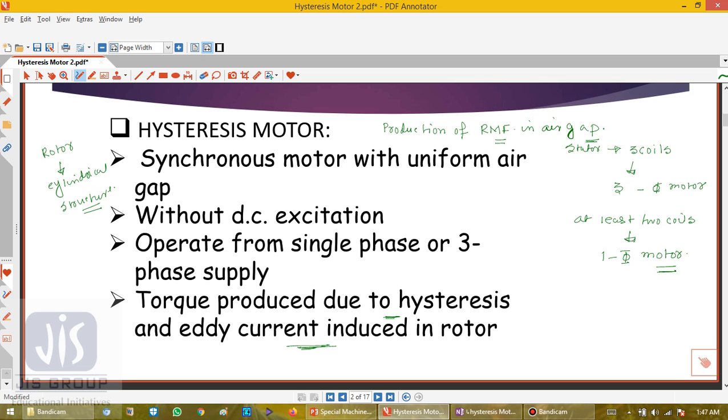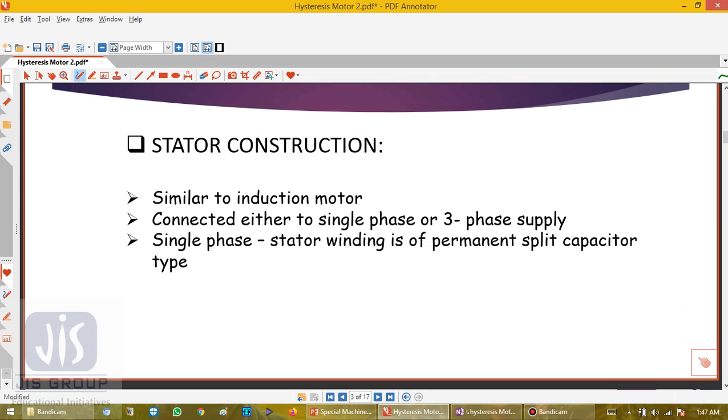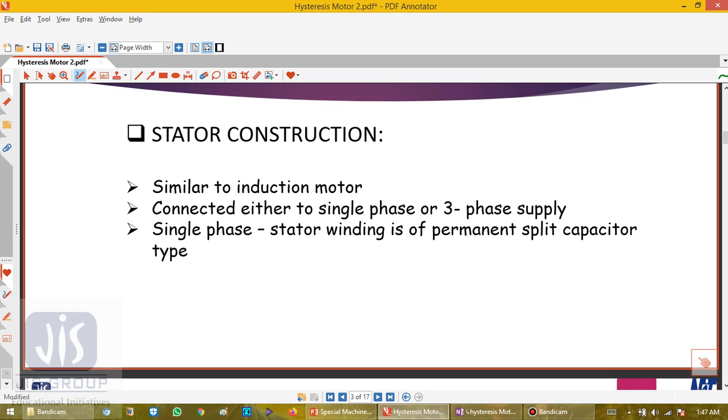Okay. Now construction. So first, the stator construction. The stator of a hysteresis motor is similar to that of an induction motor, with the basic requirement that it produces a rotating magnetic field.